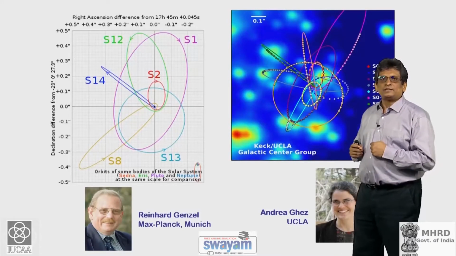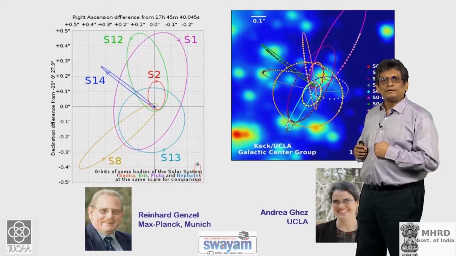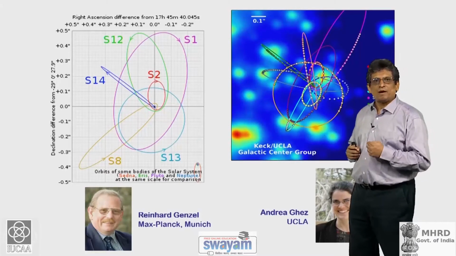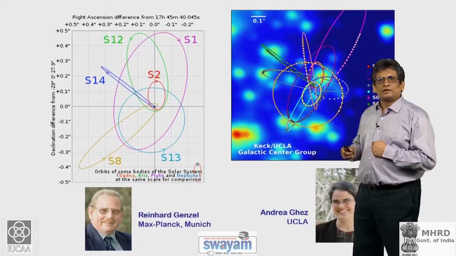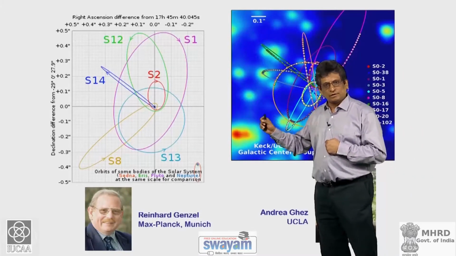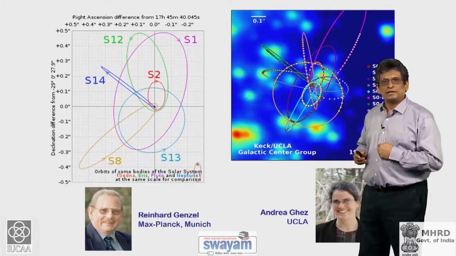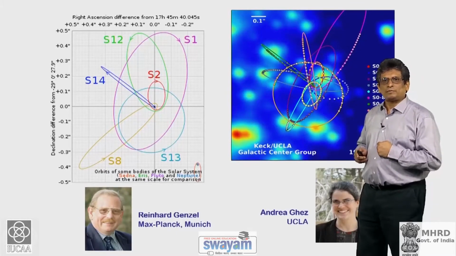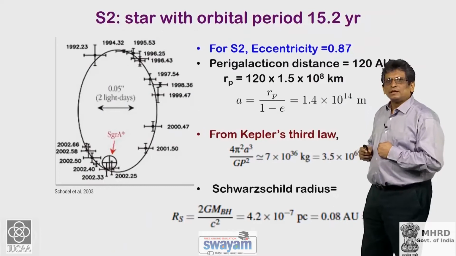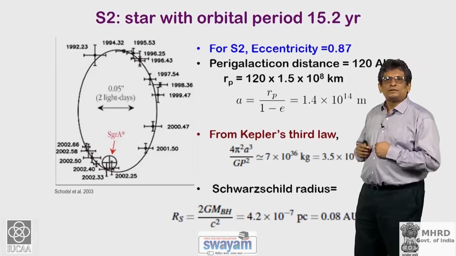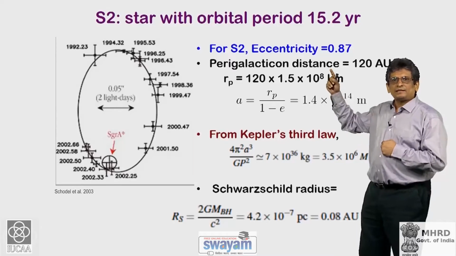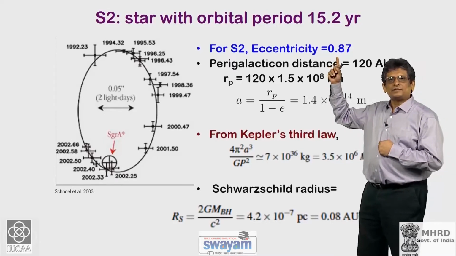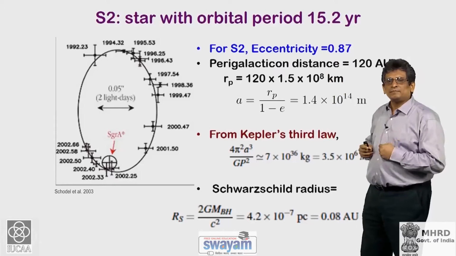And in both cases, what they have found from these orbits of stars that are marked S1, S2, etc., is that you can get an independent measure of the mass of the central object in the Milky Way from Kepler's laws. So what you do is, for example, S2 has an orbit of 15 years, and it has a very large eccentricity, not like in the solar system.